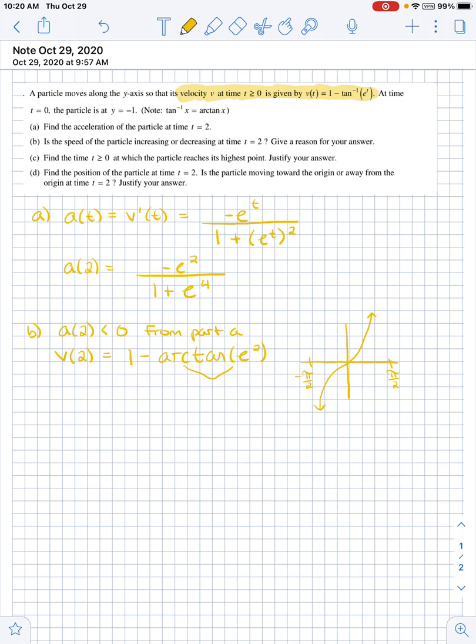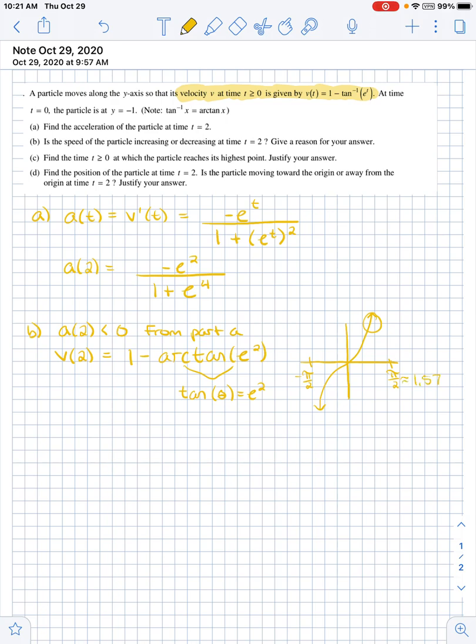So when we're looking at this, we're saying there is some angle where the tangent is going to equal e squared. And e squared is a pretty large, positive number. So what we know is that tangent is going to equal e squared, which is 6 point something, in here somewhere, closer to pi over 2. And pi over 2 is approximately 1.57.